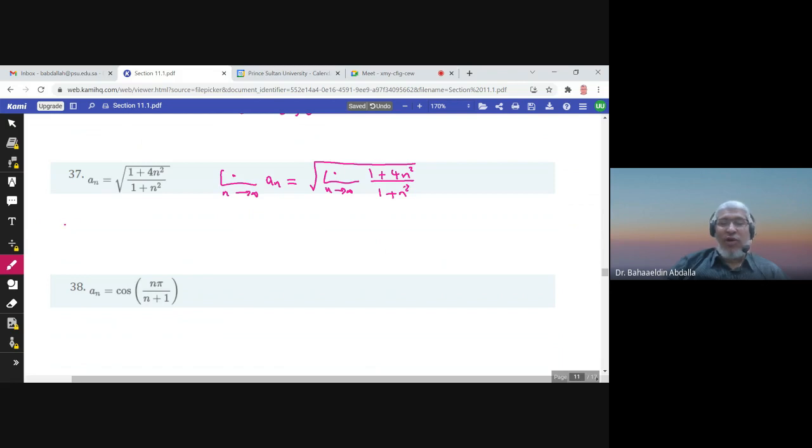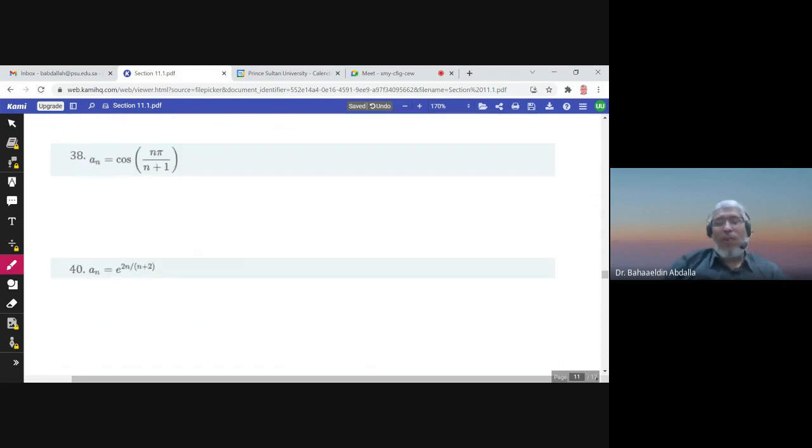And how do we find the limit? We take the highest power. The term with the highest power in the numerator is 4n square. And the term with the highest power in the denominator is n square. N square cancels with n square, and the limit of 4 is just 4, and the square root of 4 is 2, and the sequence is convergent.